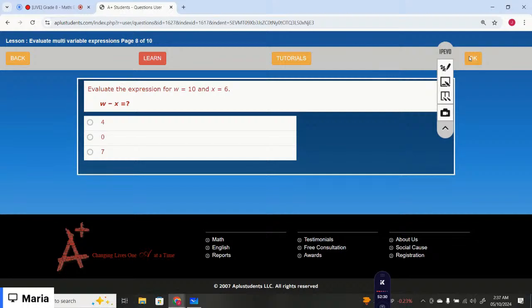That is w take away x. So 10 take away 6. That is, yes, 4 it is. Option number 1 is the correct option.